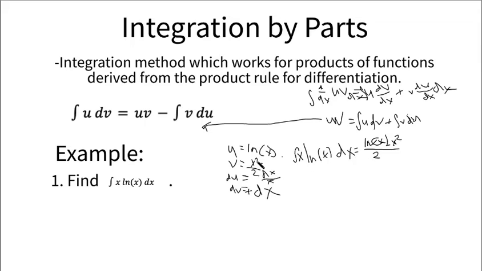We just multiplied u and v, and then minus the integral of v, and v is x squared over 2, times du.